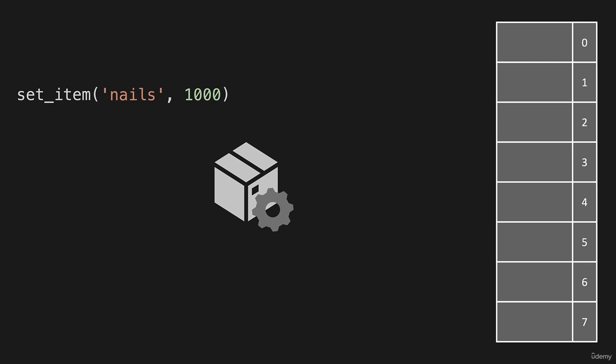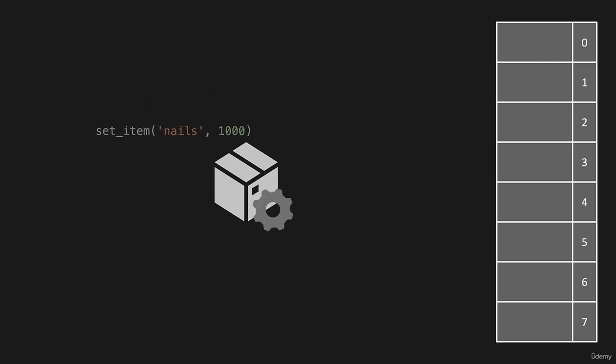We will create our own hash that we'll use to hash the key, and our key value pair is going to be a list, and the hash is going to produce an address. So at this address in our list, we will put this other list with nails and the quantity of 1,000 in that spot. So that will create a list within a list.